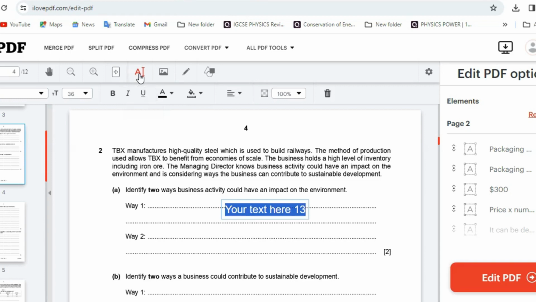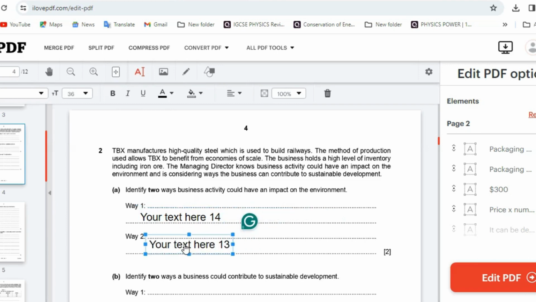Pollution. Let's put the first way and the second way. According to the question, we have to identify them. The first one is pollution.